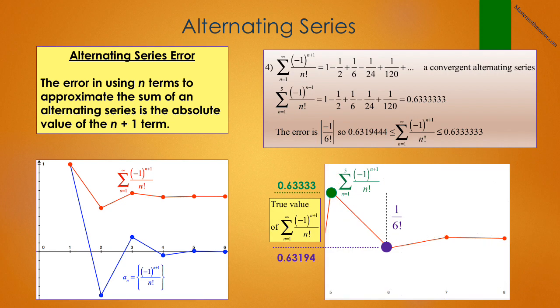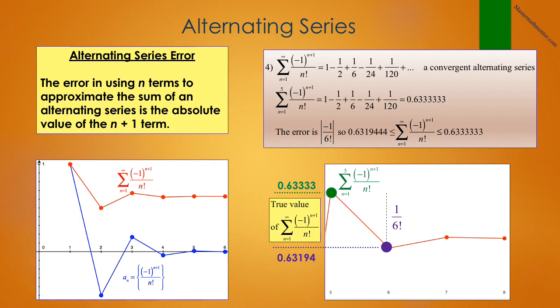So let's now look at a few more terms and zoom into these points. We first look at 5 terms, summation n equals 1 to 5 of negative 1 to the n plus 1 over n factorial. And in green, we see the dot at 0.63333. We then add on the next term, which is negative 1 over 6 factorial, and we get 0.63194.